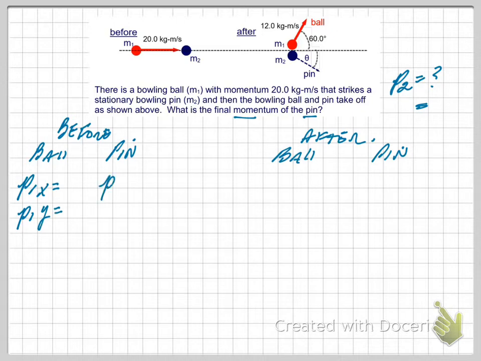We have the momentum of the pin in the x direction, and we have the momentum of the pin in the y direction. And after the collision, we have the momentum of the ball final in the x direction and the momentum of the ball final in the y direction, and same thing with the pin.